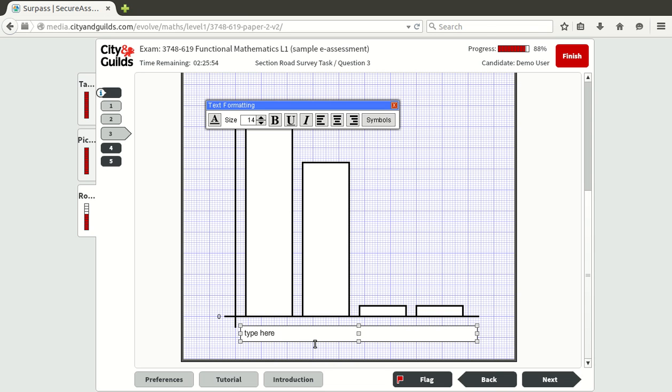So I'm going to have here last year litter. This one I'll say this year litter.